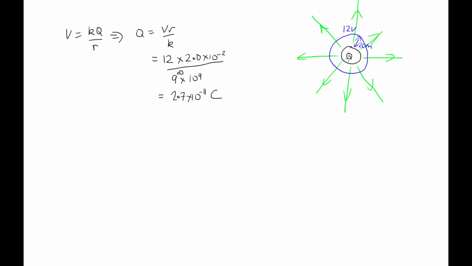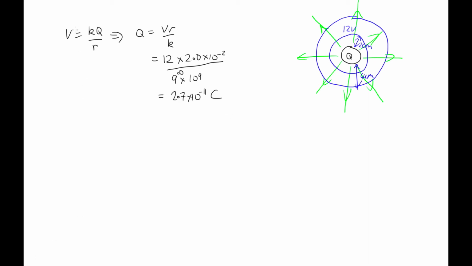Now the next part says what would be the voltage 4 centimeters from charge Q. So now we're considering this point here, well this ring here, which is 4 centimeters from that charge.